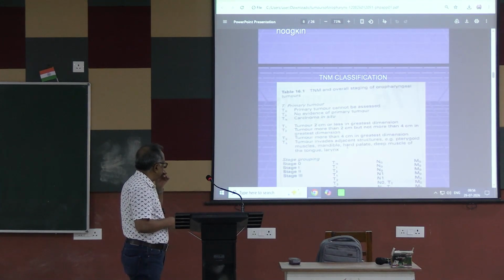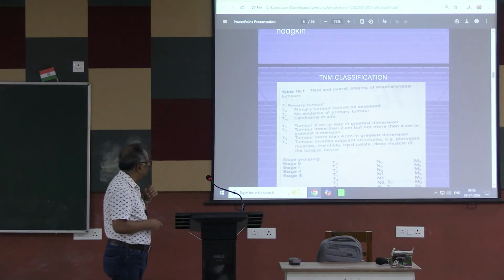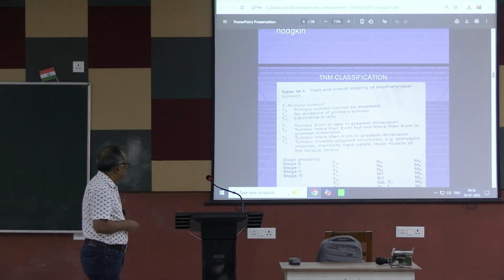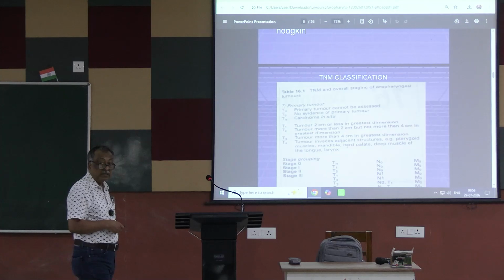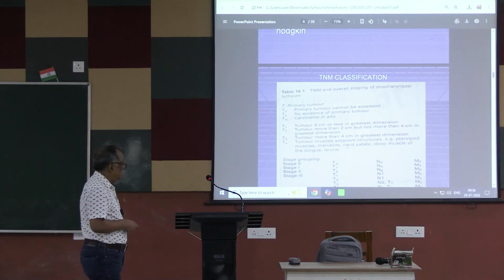Now, the classification is almost the same as the TNM classification. In the TNM classification, overall staging of the oropharyngeal tumor, T0 is nothing, carcinoma in situ, and T1 is 2 centimeter or less. T2 is more than 2 centimeter but not more than 4 centimeter. T3 is more than 4 centimeter.